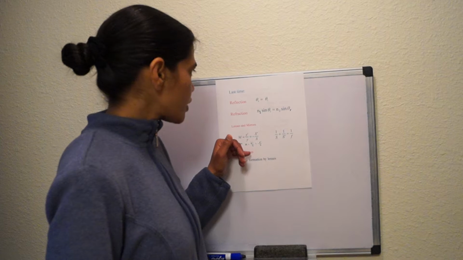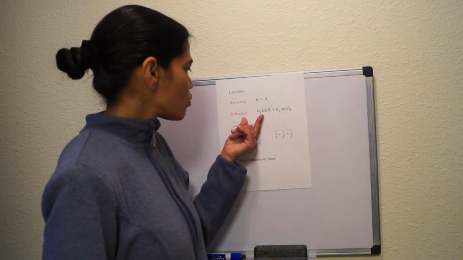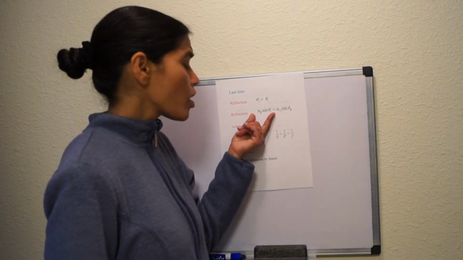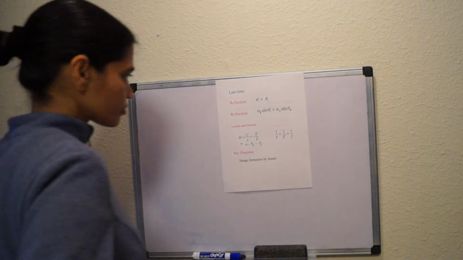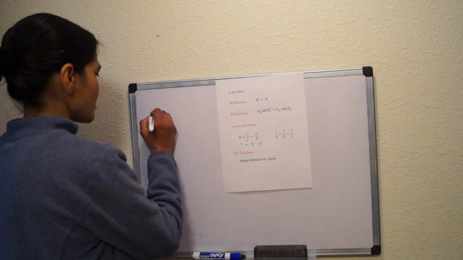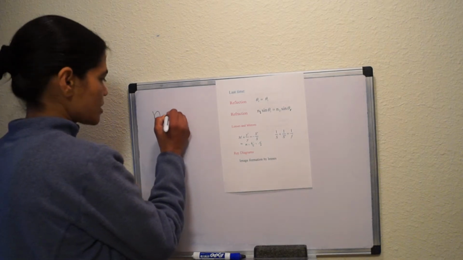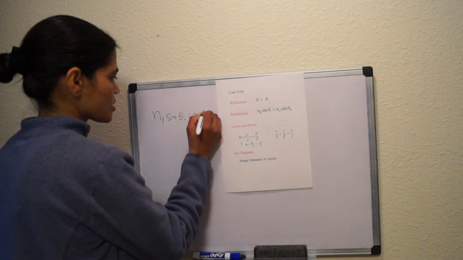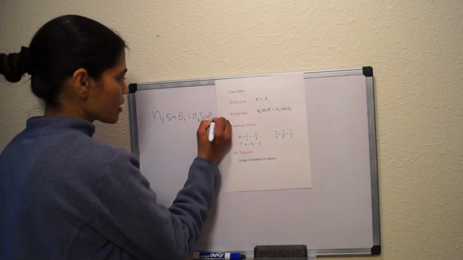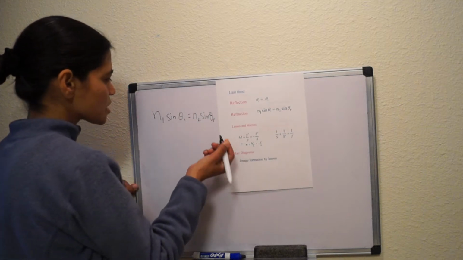And then according to Snell's law, n1 sine theta 1 or theta I, it doesn't matter what notation you use, I have n1 sine theta I equal to n2 sine theta r here. As long as you're consistent, this is fine.